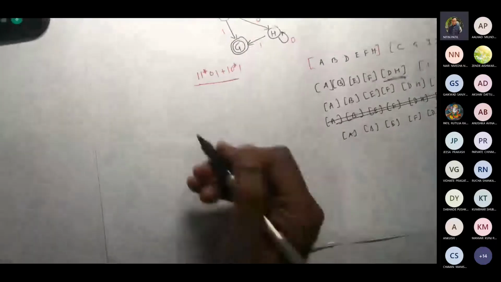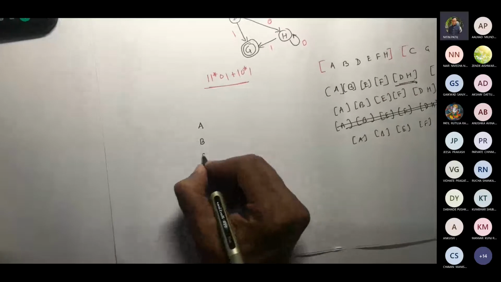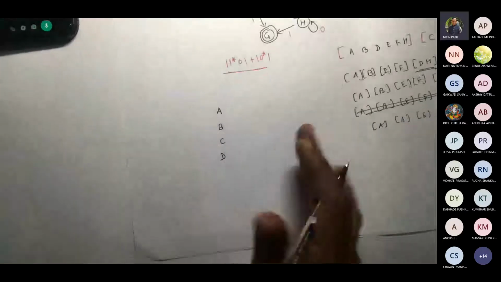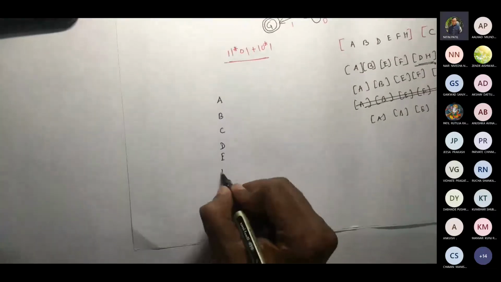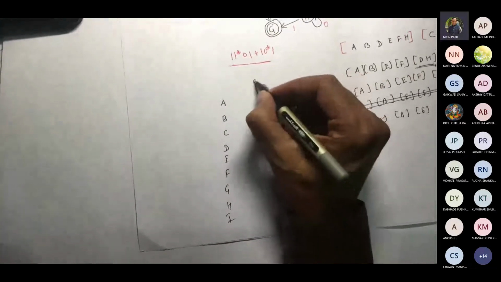So let us first create the table: A, B, C, D, E, F, G, H, I, with input 0 and input 1. Tell me from the diagram.